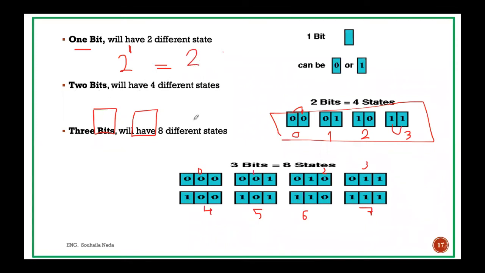With 2 digits, we write base 2 to the power of the number of digits, so we have 4 different states. What if we have 3 digits? 2 to the power 3 equals 8. So we can represent 8 values, 8 different combinations, 8 different decimal values.